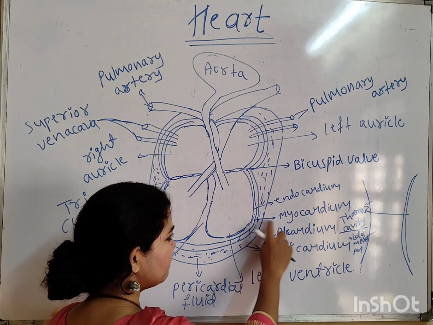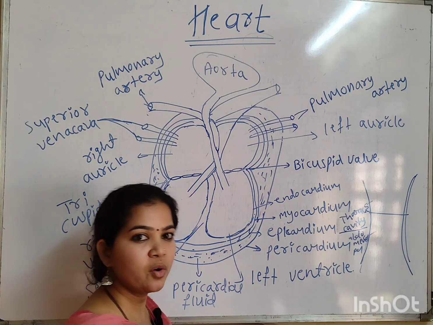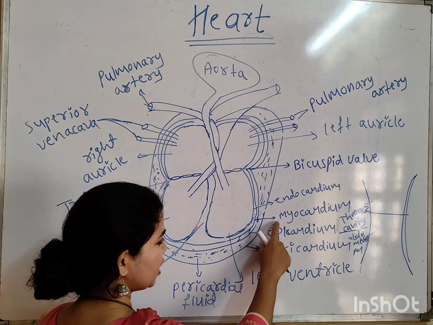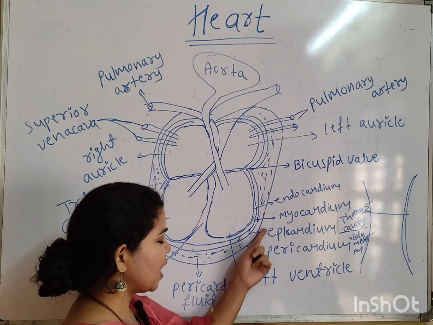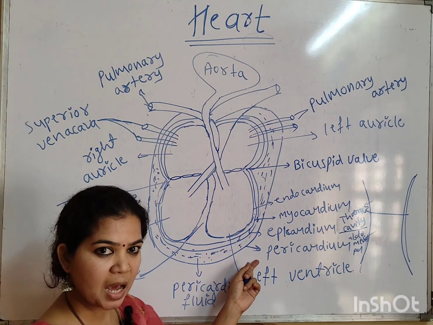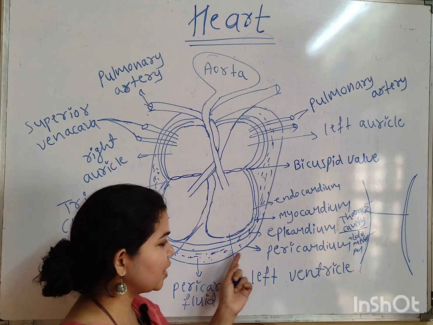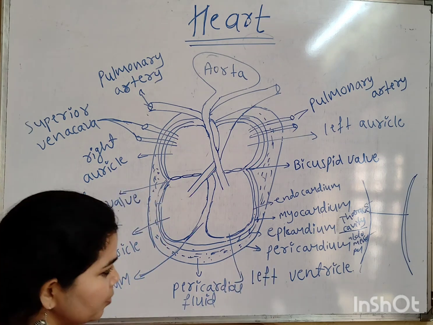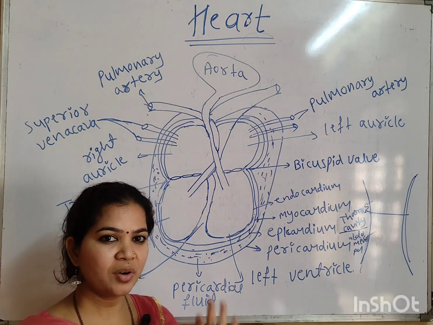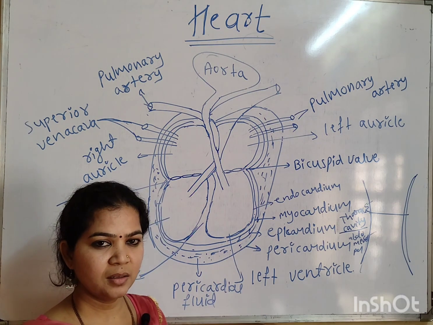The middle layer is called myocardium, and next after myocardium there is epicardium, and the outermost membrane of the heart is called pericardium. Now we have come to know that there are 4 layers surrounding the heart.